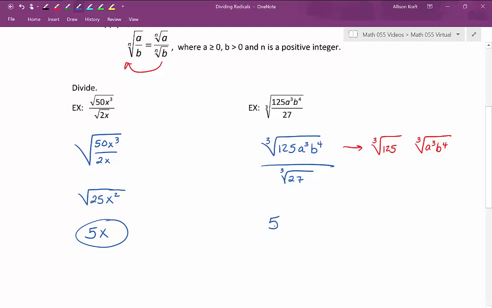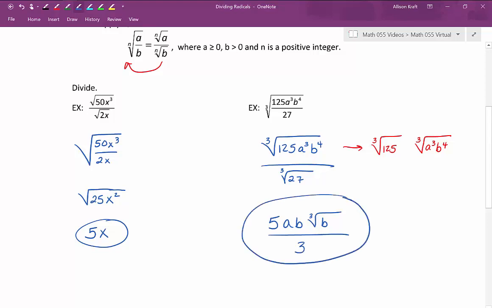That's just going to be 5. 3 divides into 3 one time, so that's a to the first on the outside with no remainder. 3 divides into 4 one time, b to the first on the outside with a remainder of 1, so b to the first underneath. And then we simplify the cube root of 27. That's a perfect. It's 3. We end up with 5ab cube root of b divided by 3.